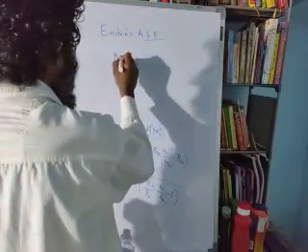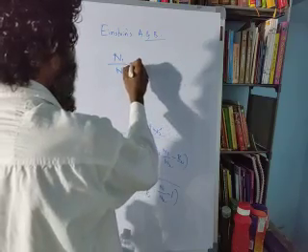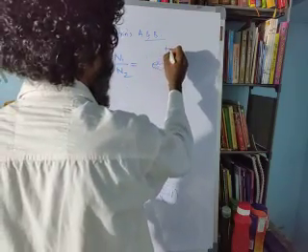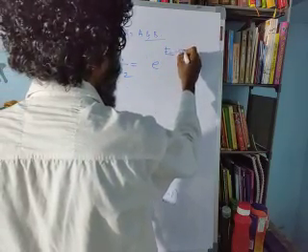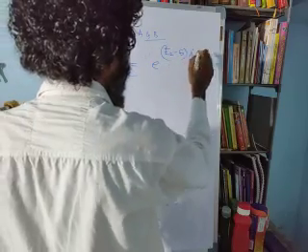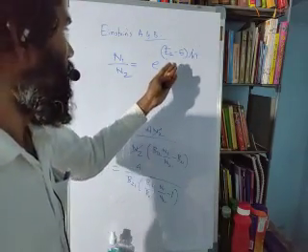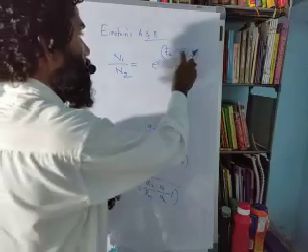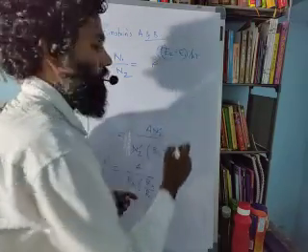So this n1 by n2 can be written as exponential of (E2 minus E1) divided by kT, because of the Boltzmann statistics.